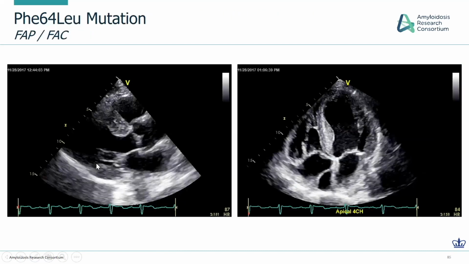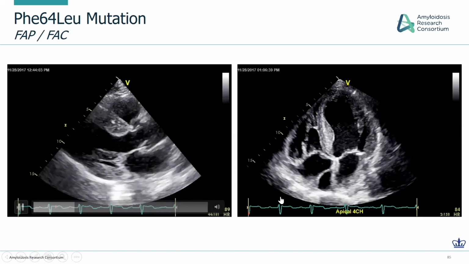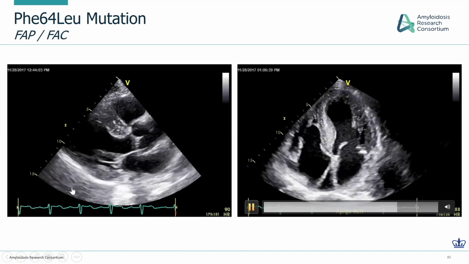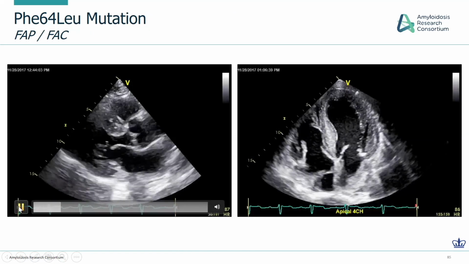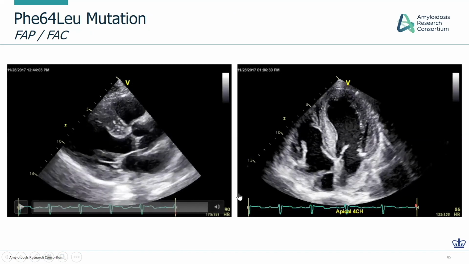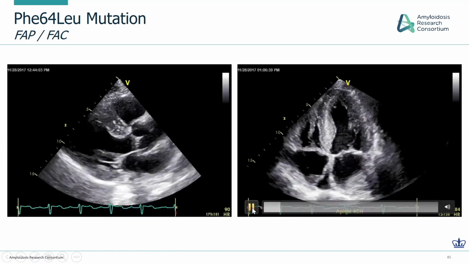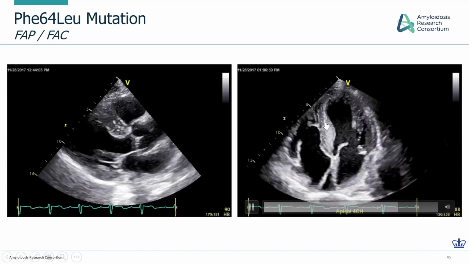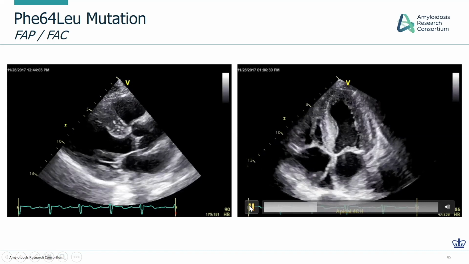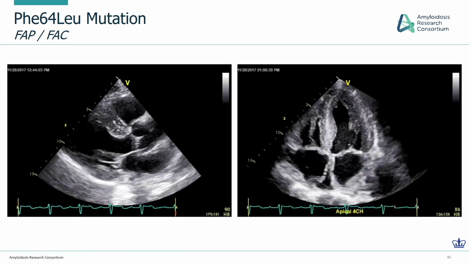Good. So these are just echocardiographic features of this patient. Here's his parasternal long axis and his apical 4, and I think you can see increase in wall thickness, valve thickening, and on apical 4 an increase in wall thickness with a preserved apical motion and impaired motion at the base.